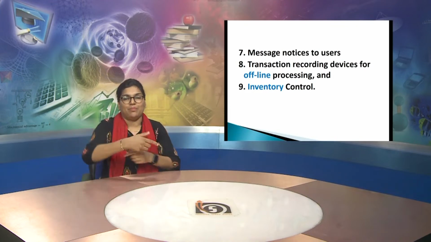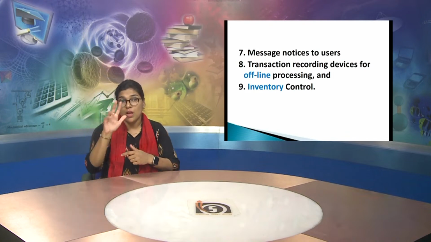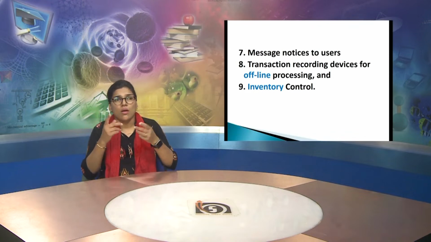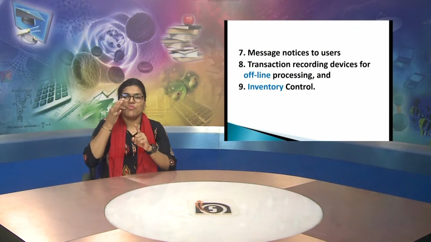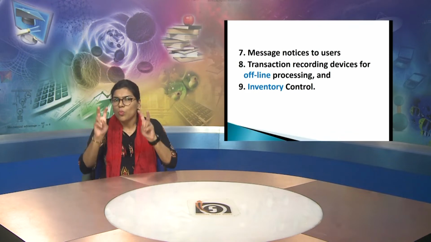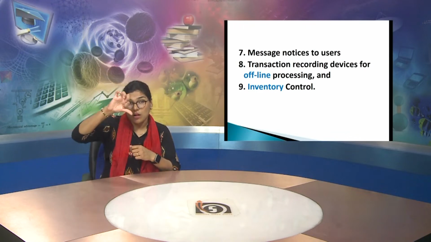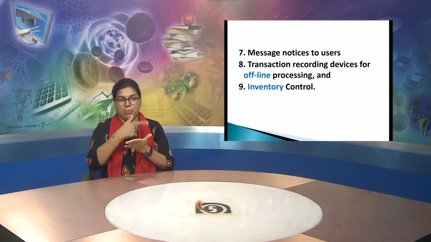So this software sends messages to many users in a short time. Next is eighth point, which is transaction recording devices for offline processing. And ninth point is inventory control.